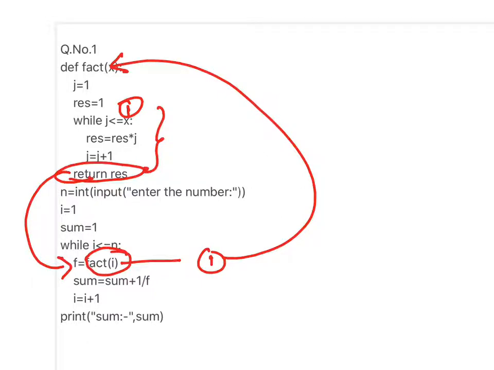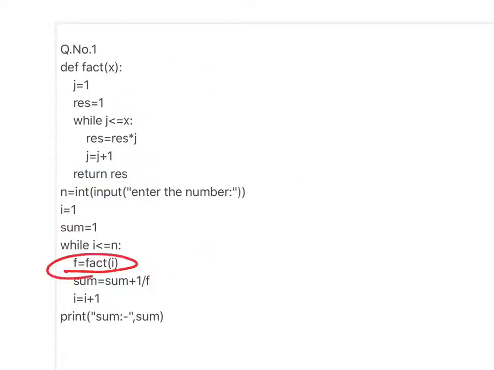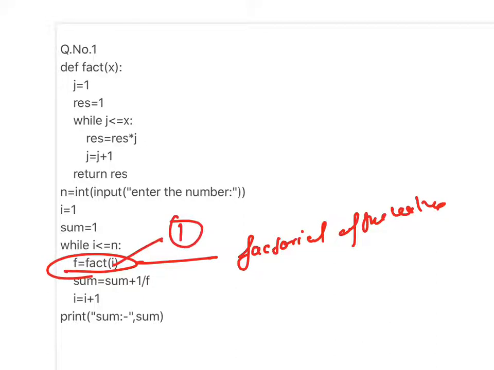Now it means in this step, we have calculated the factorial of the value you have passed through this fact function, i equal to 1 first.